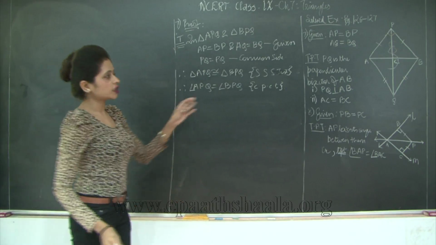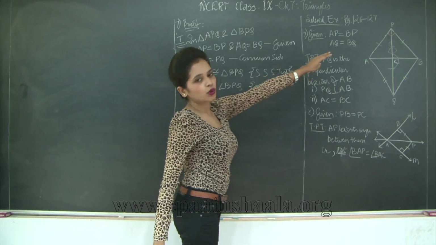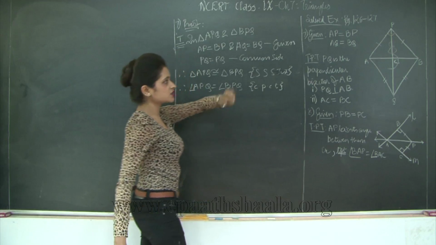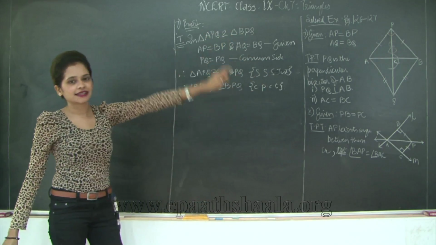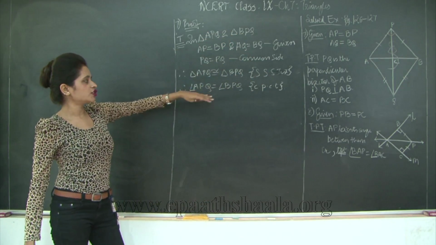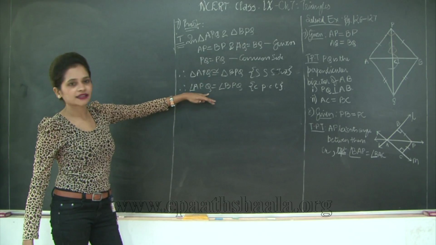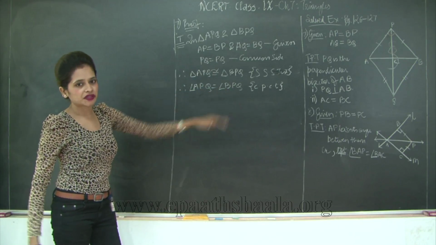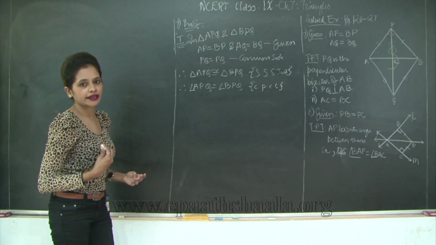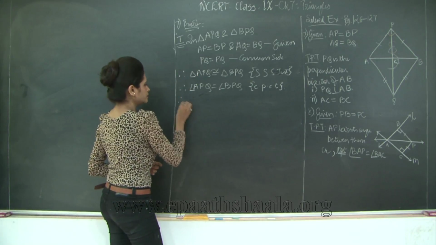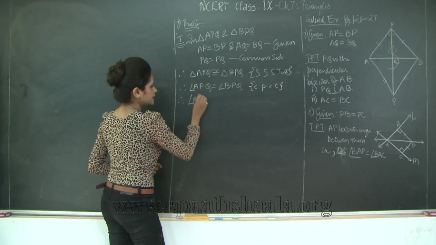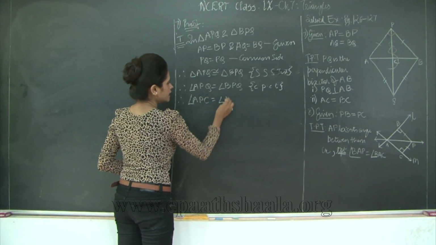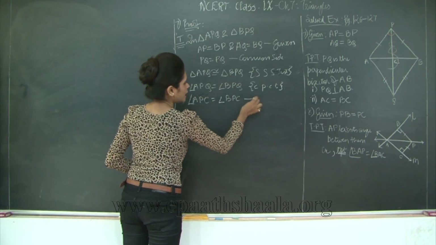Now we had learned that we had to prove the two upper triangles congruent to each other. So I will need angle APC equal to angle BPC, where I am just going to rewrite APQ as APC and BPQ as BPC, and use it for reference. Therefore, angle APC is equal to angle BPC, and I will mark this as 1.